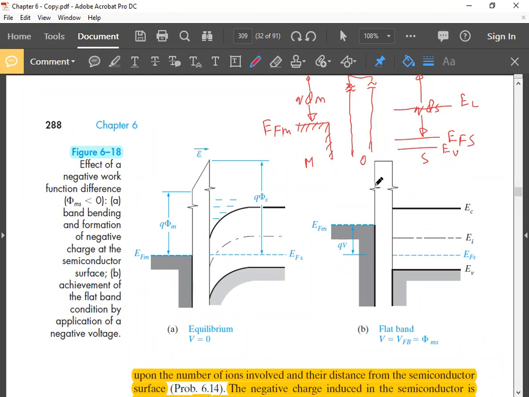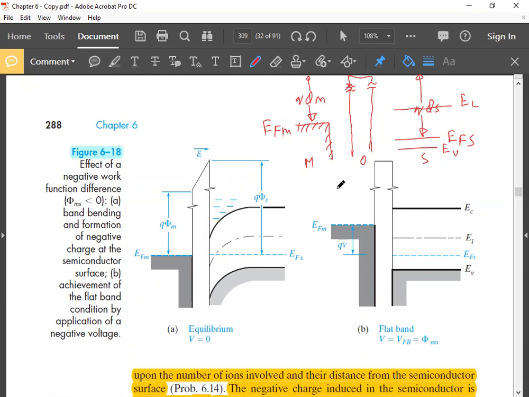The bands go down, and there will be accumulation here. The gap between EI and EF will increase, accumulation here. Everything else is exactly similar to the ideal case.